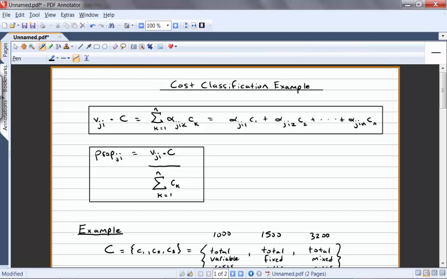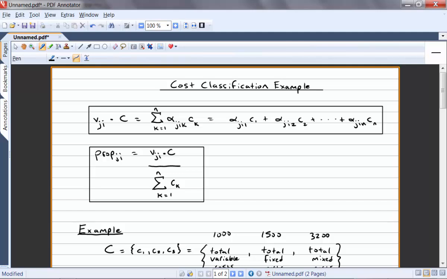The first one tells how much of the total costs that the company has are assigned to cost object i using weight vector j. So the first subscript on the v represents which vector, and the second subscript represents which cost object. And that turns out to be really important because if you transpose the i and the j and you get it mixed up in your mind, you will get the questions wrong.